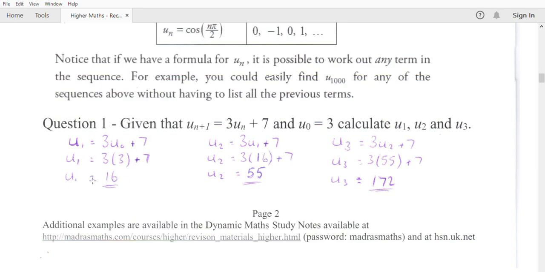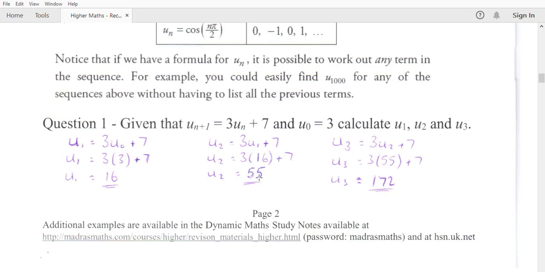Now that we have U1, we can work out U2. Again using this formula, Un+1, the next term, which will be U2, is 3 multiplied by the current term, which is U1, which we know is 16. So U2 will be 3 times 16 plus 7, which is 55. And just repeating that, U3 will be 3 lots of U2.